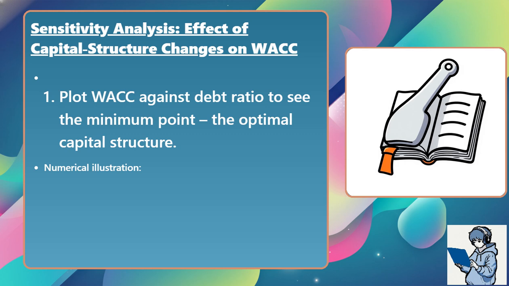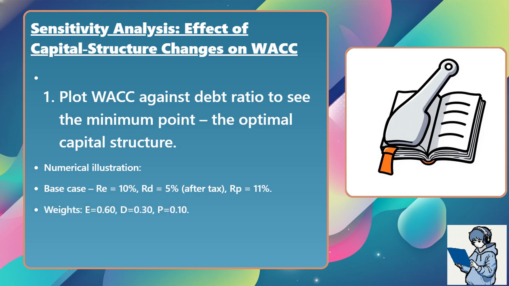Numerical illustration. Base case cost of equity 10%, cost of debt 5% after tax, cost of preferred 11%. Weights: equity 0.6, debt 0.3, preferred 0.1. Base weighted average cost of capital equals 0.6 times 10% plus 0.3 times 5% plus 0.1 times 11% equals 6% plus 1.5% plus 1.1% equals 8.6%.